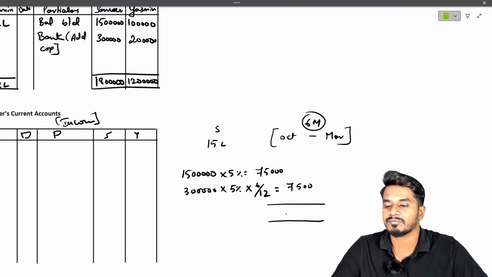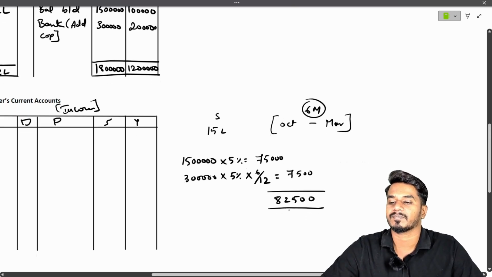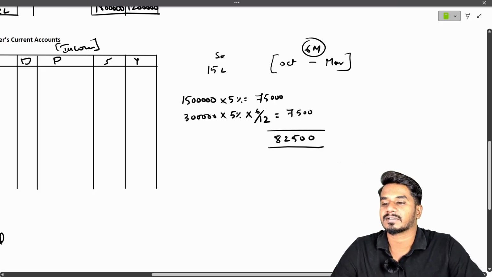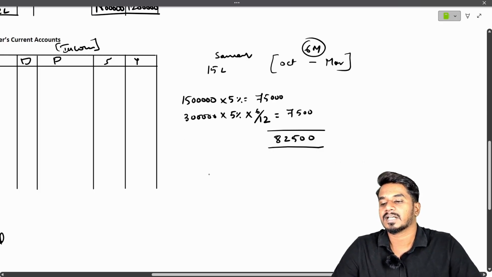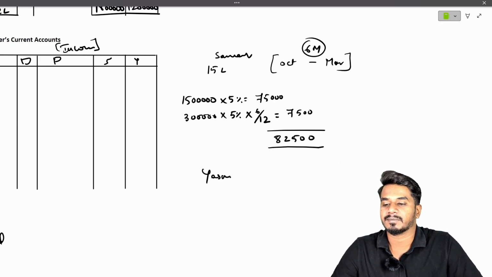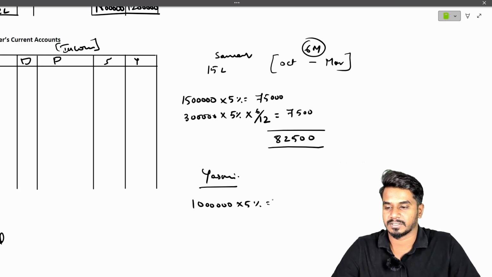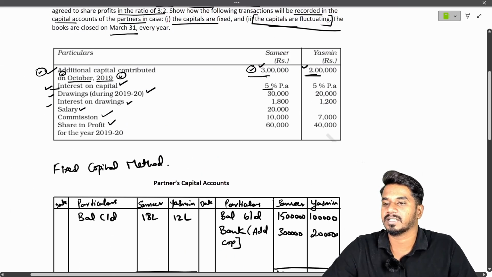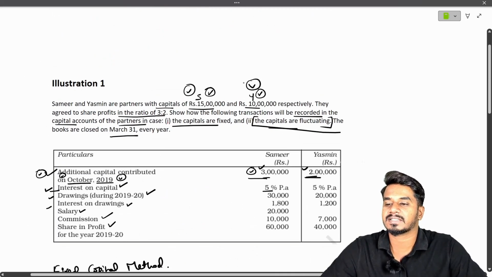It is 82,500. The company will pay 82,500. This is for Samir. Let us calculate it for Yasmin. What is Yasmin's capital? You saw it already. It is 10 lakh rupees into 5 percent. This is the base capital.